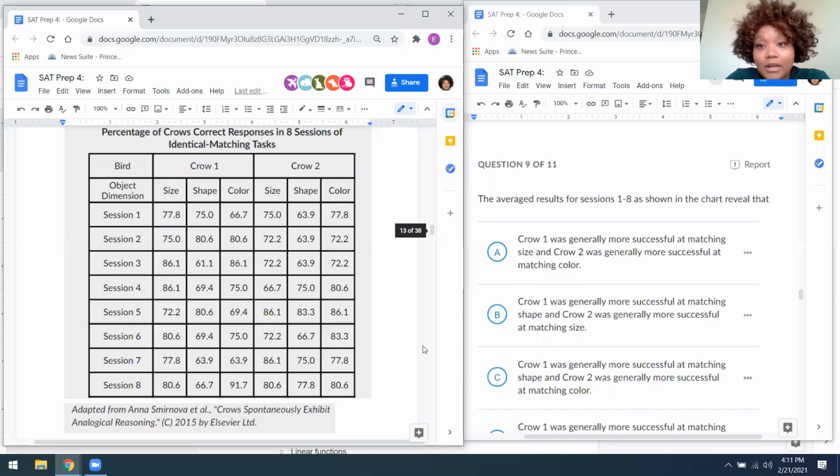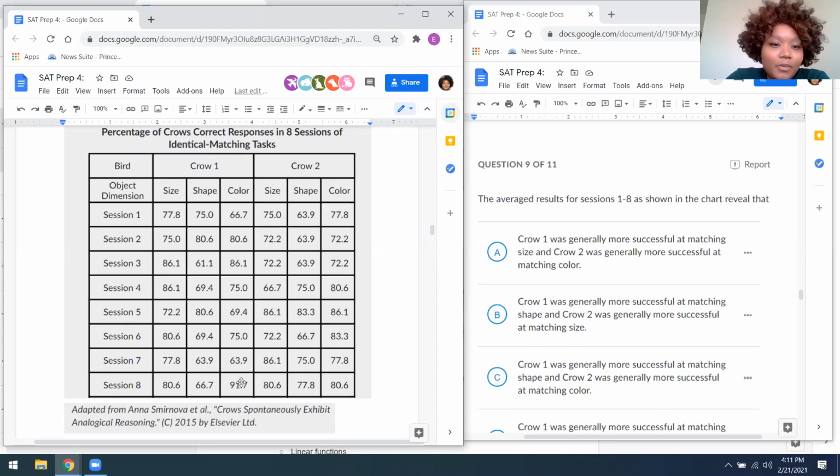So crow 1 was generally more successful at matching size. When we look at size, the numbers are higher for crow 1 compared to size for crow 2. And then when we look at shape for crow 1 and shape for crow 2, crow 2 has higher numbers with shape.